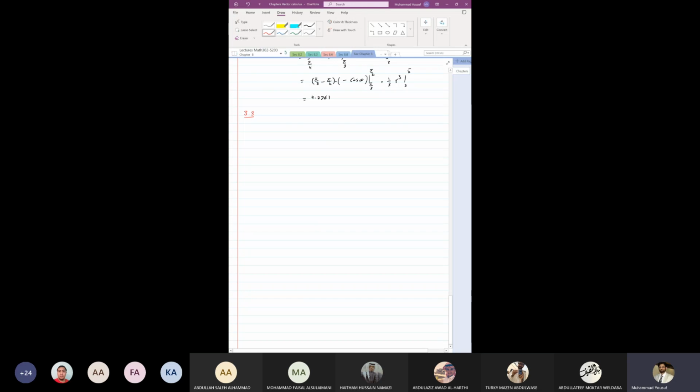Although these are also line, surface and volume integrals. Okay, the first one is line integral.